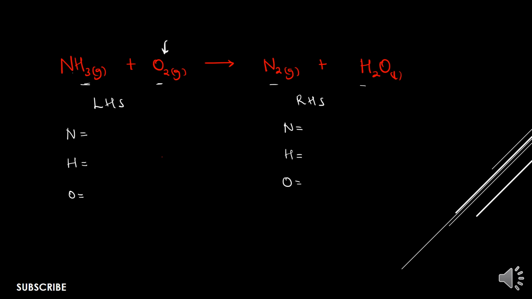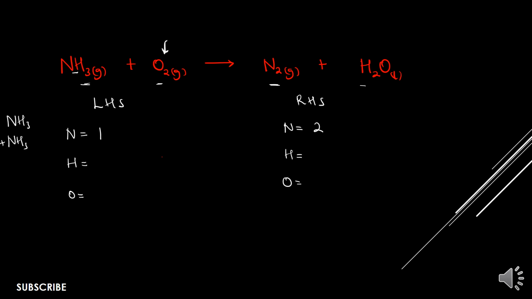Nitrogen, we have one atom because we have an invisible one between N and hydrogen, so it's 1. Here nitrogen is diatomic, we have 2 atoms of nitrogen. So you can't start with 1 atom of nitrogen and then have 2 atoms of nitrogen on the right hand side. That means we shall have to increase the number of molecules containing nitrogen on our left hand side, and these are the ammonia molecules.